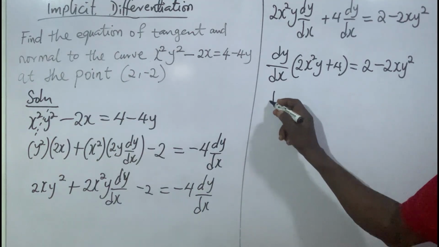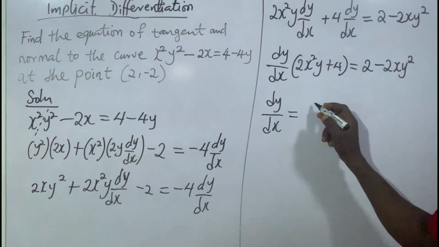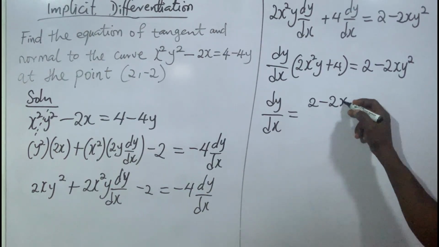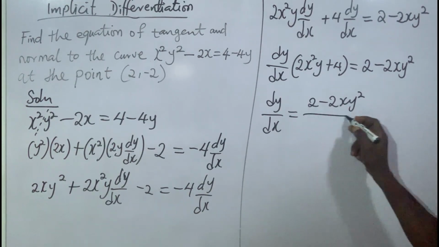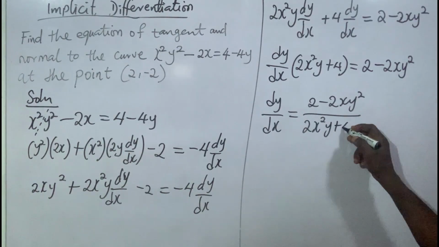So if we make dy/dx subject of the formula now, it is 2 minus 2xy squared over 2x squared y plus 4.